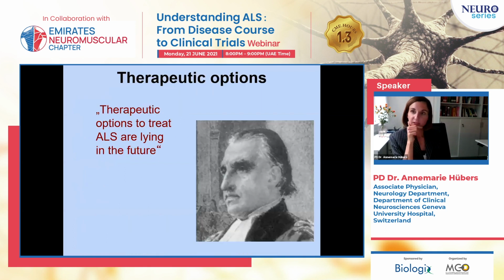In the second part of my talk, I would like to discuss treatment options and recent studies on treatment in ALS. In the 19th century, Charcot said therapeutic options to treat ALS are lying in the future.